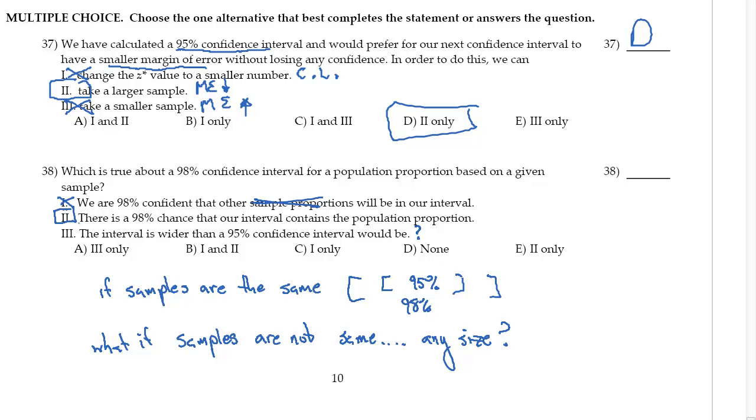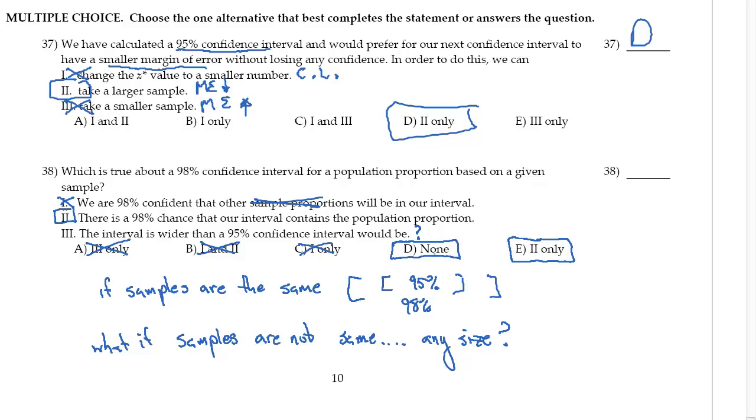Well, I know 2 is right, and I know that 1 is wrong. Okay, so it can't be 3 only, because 2 is definitely true. It can't be 1 and 2, because 2 is definitely true and 1 is definitely false. It can't be 1 only, because 1 is definitely false. It could be 2 only, or it could be none.